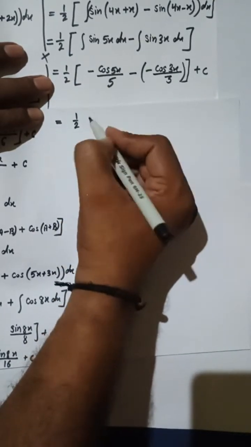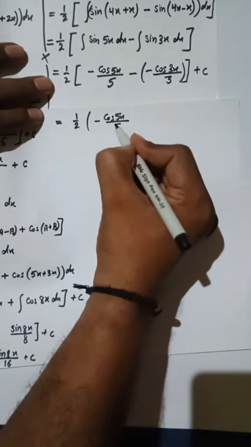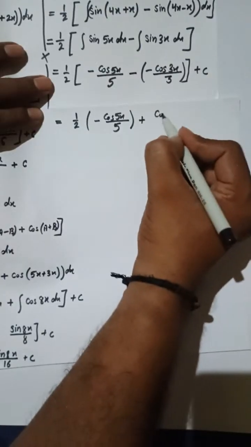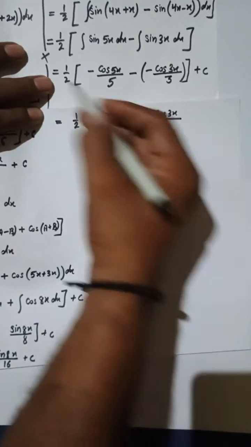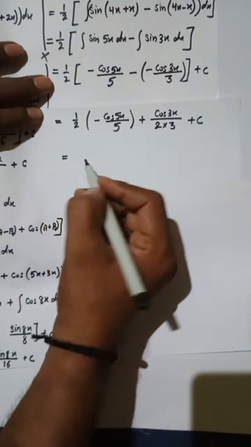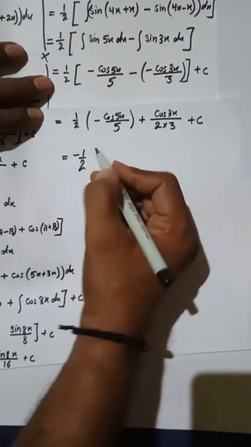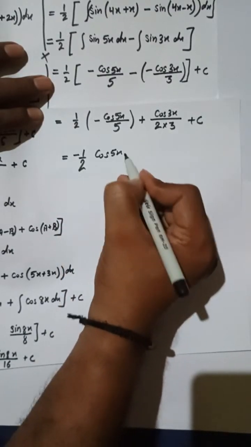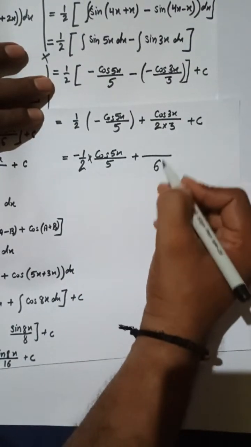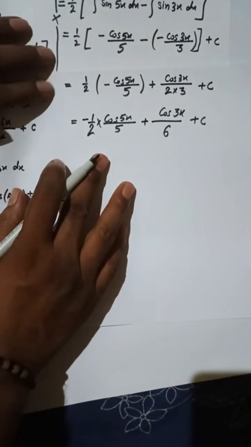So here 1 by 2, and then minus cos 5x divided by 5, and then plus cos 3x by 3. The 1 by 2 is going to multiply here, so 2 into 3 I'm writing here, and you can see here 1 by 2 we have, and that is negative, so negative cos 5x divided by 5, and then 6 here, and cos 3x plus c, right?